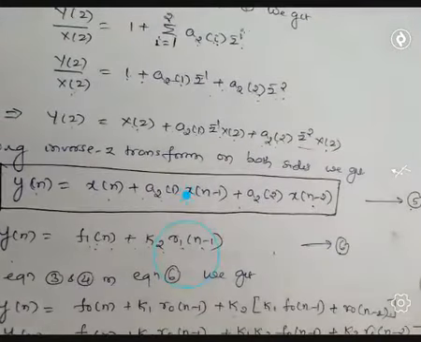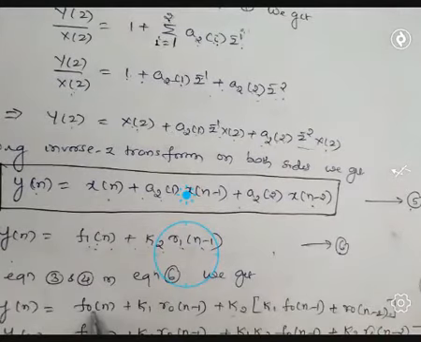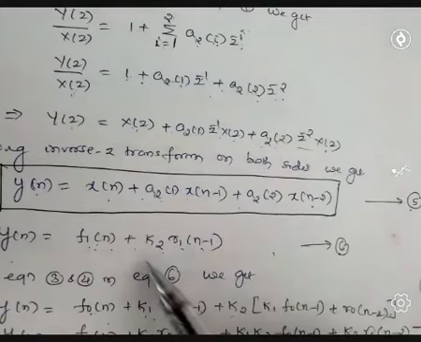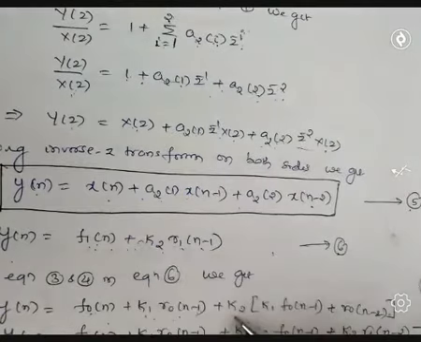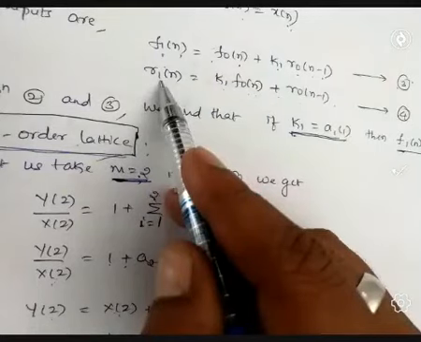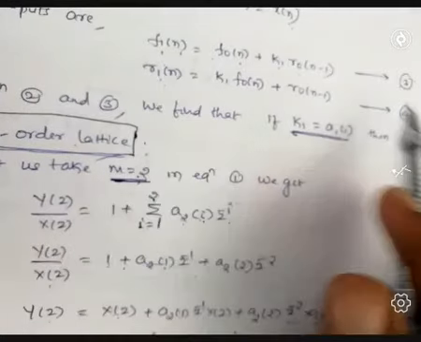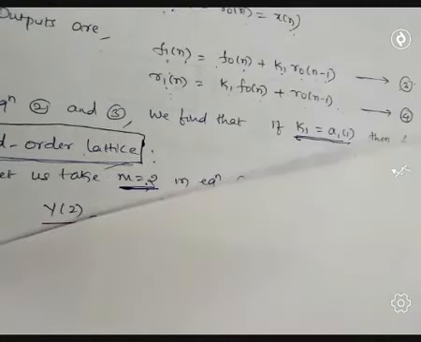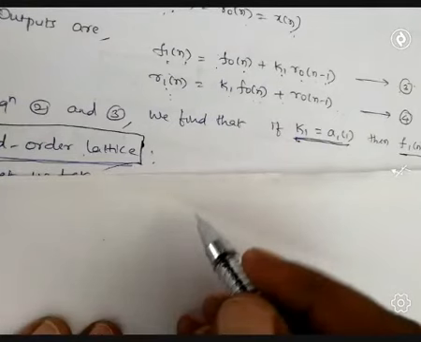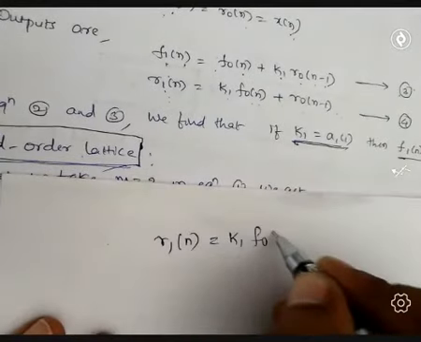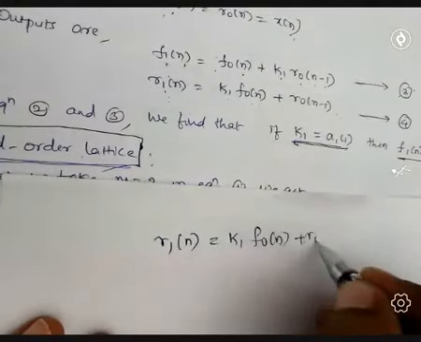So here I substitute F0 of n plus K1 into R0 of n minus 1, plus K2 as it is. We have the equation for the lower channel output. Here I am writing R1 of n equal to K1 F0 of n plus R0 of n minus 1.